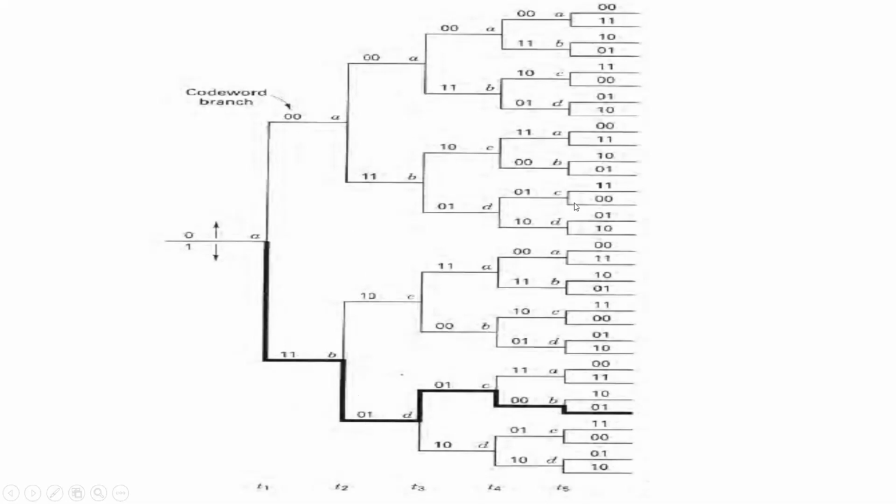So in this way, you have to go on drawing the tree structure. The advantage of the tree structure over the state diagram is that it has got timing information. But the problem with the tree diagram is that if you have reached T5, T6, or if you go to T100, let's say, this is a huge structure.